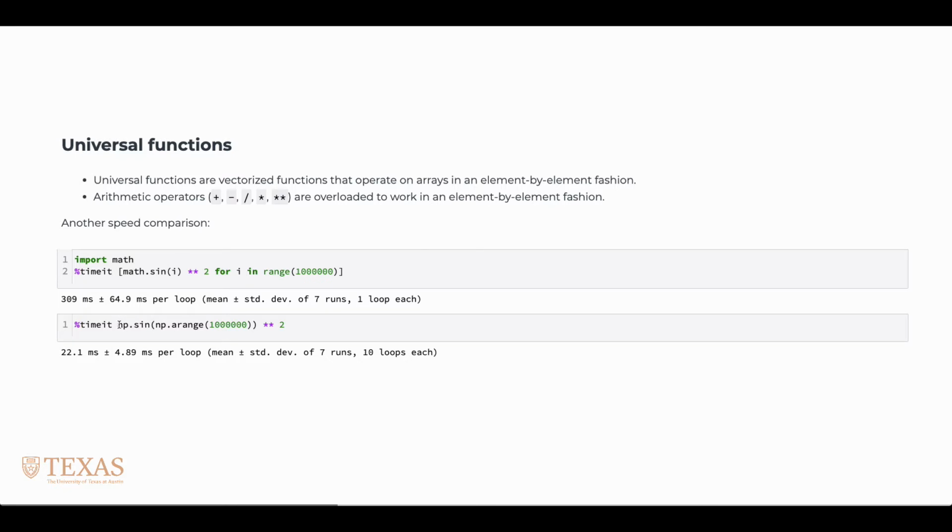We have a function sine that's defined for NumPy arrays. When we stick an array in, in this case, again, 0 to a million integers, it will take the sine of each element individually in an element-wise fashion, also squaring those numbers here. Again, the result of these two operations would be identical, but the NumPy version is much faster.